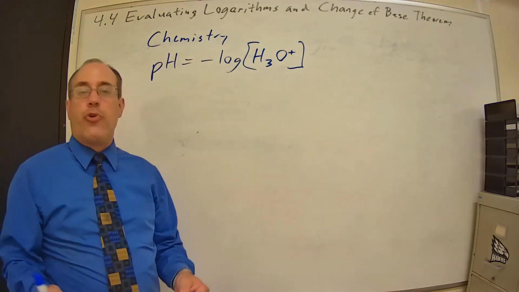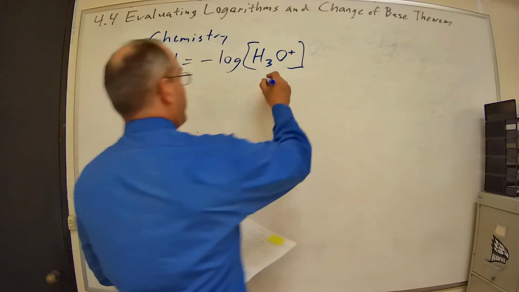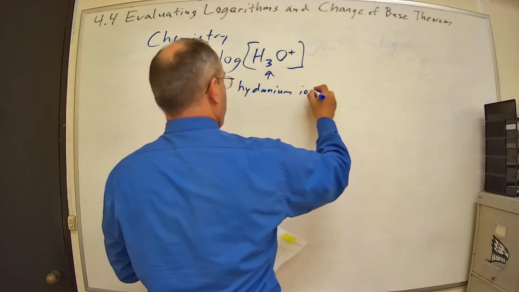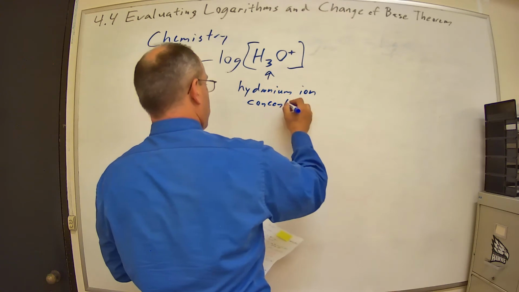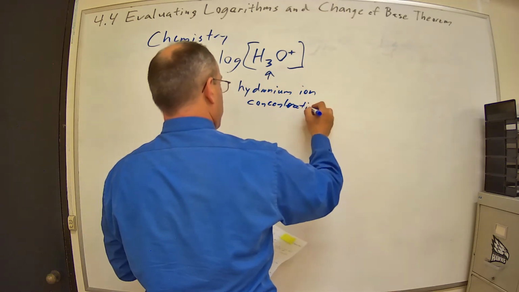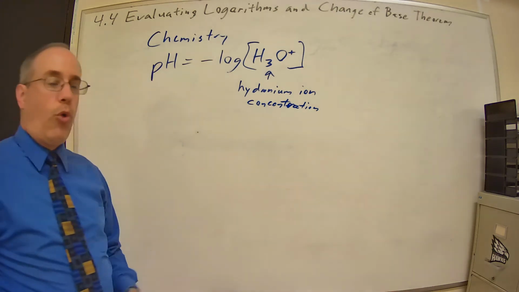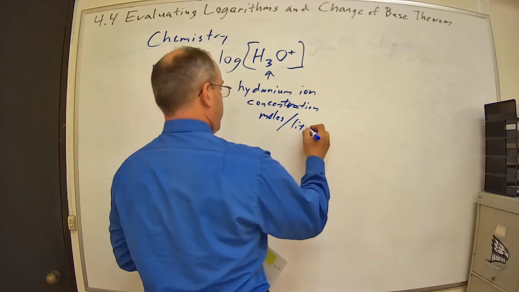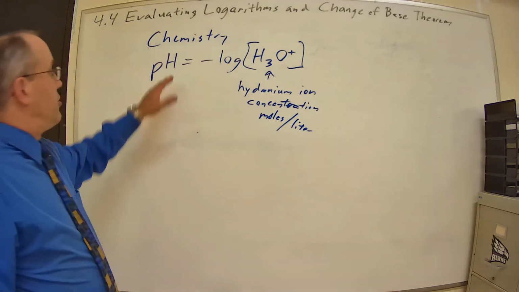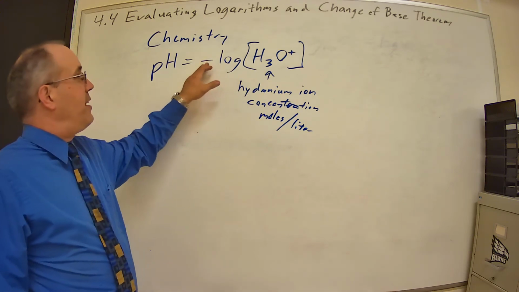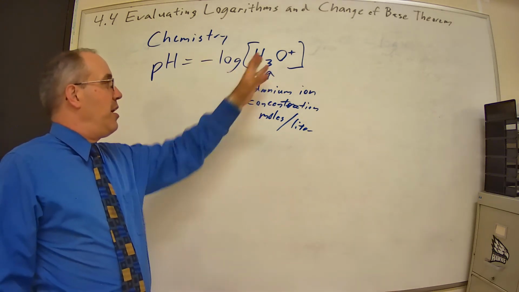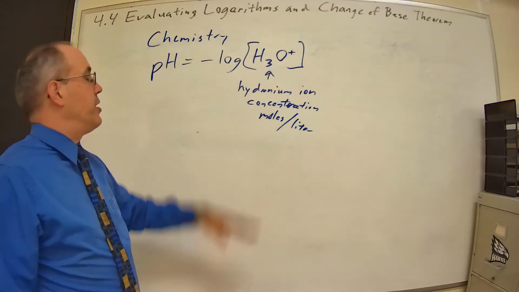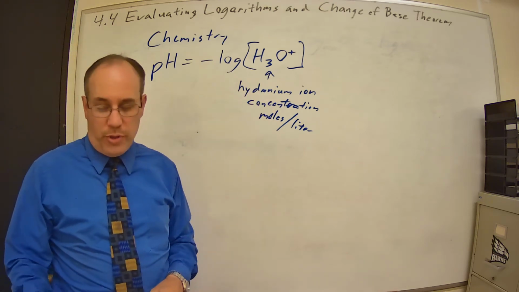H3O+ is the hydronium ion concentration in moles per liter. So pH is found by taking the negative of the log of the H3O+, that's not a 0, that's an O for oxygen, the hydronium ion concentration in moles per liter.